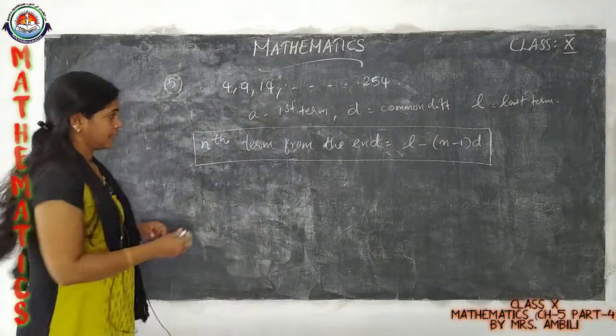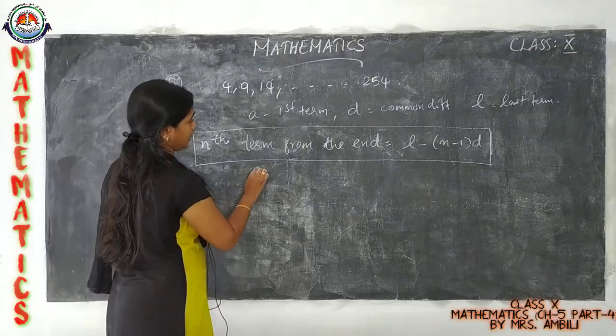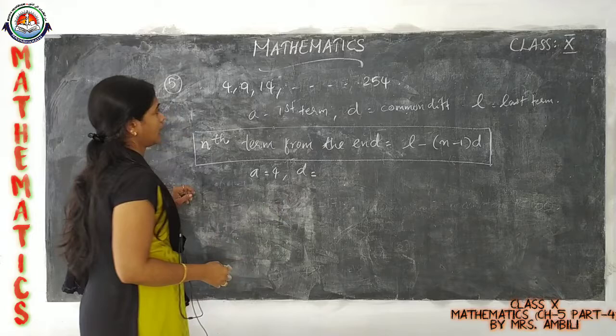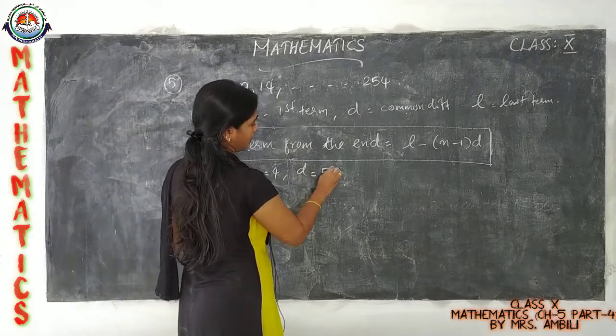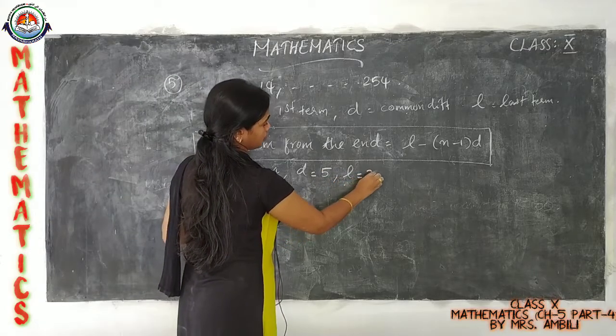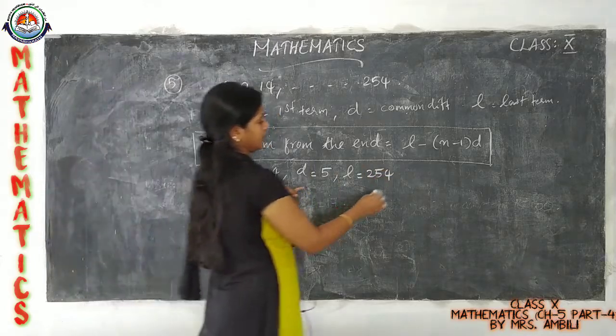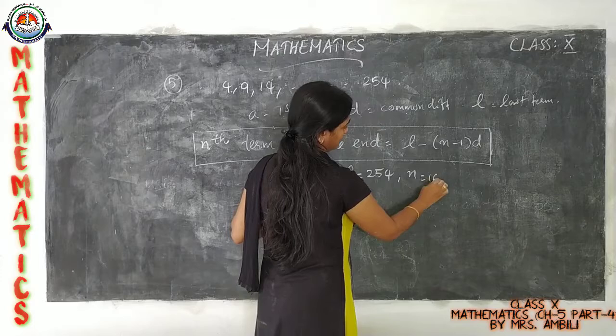So what is A here in the question? A equal to 4. What is D? 9 minus 4, 5. What is L? 254. What is n? 10.